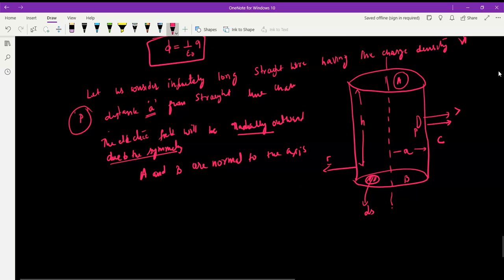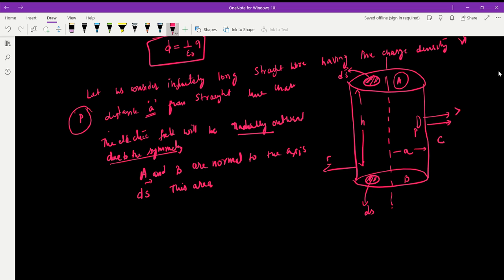Now let us consider a small area ds on the Gaussian surface. First, let me consider a small surface ds on surface A.